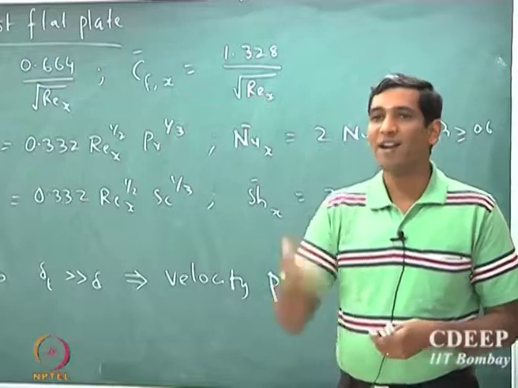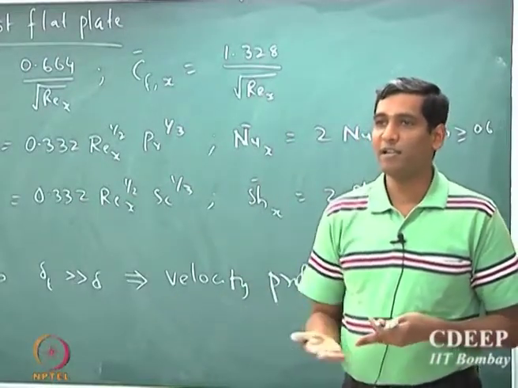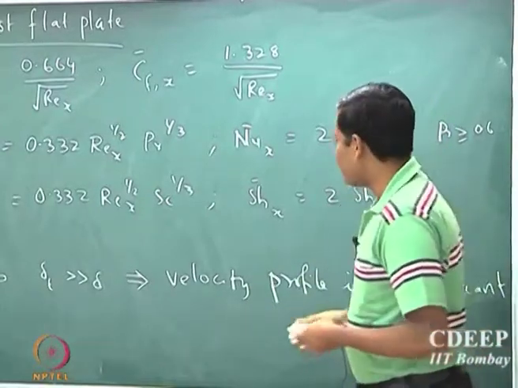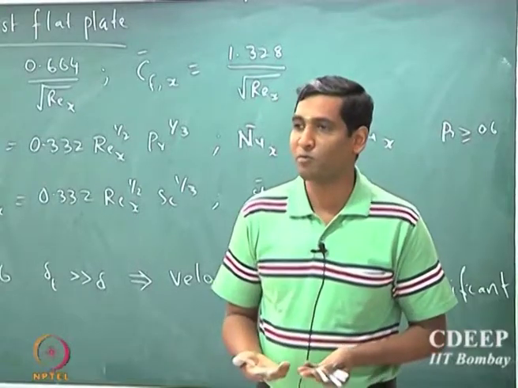So, it is almost like a flat velocity profile. So, the boundary layer velocity profile is completely now not very significant, and therefore, it is not going to affect the heat and mass transport process.